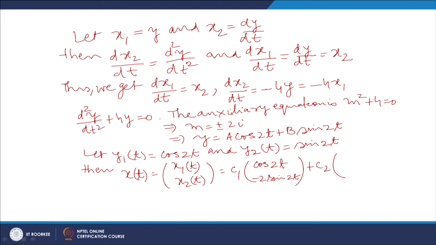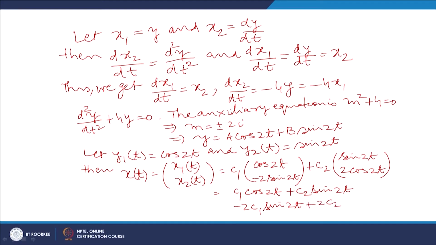Now, this time we take x1(t) to be sin 2t, and then derivative of x1 gives x2. So, we get derivative of sin 2t as 2 cos 2t, and this gives you c1 cos 2t + c2 sin 2t, minus 2c1 sin 2t + 2c2 cos 2t.